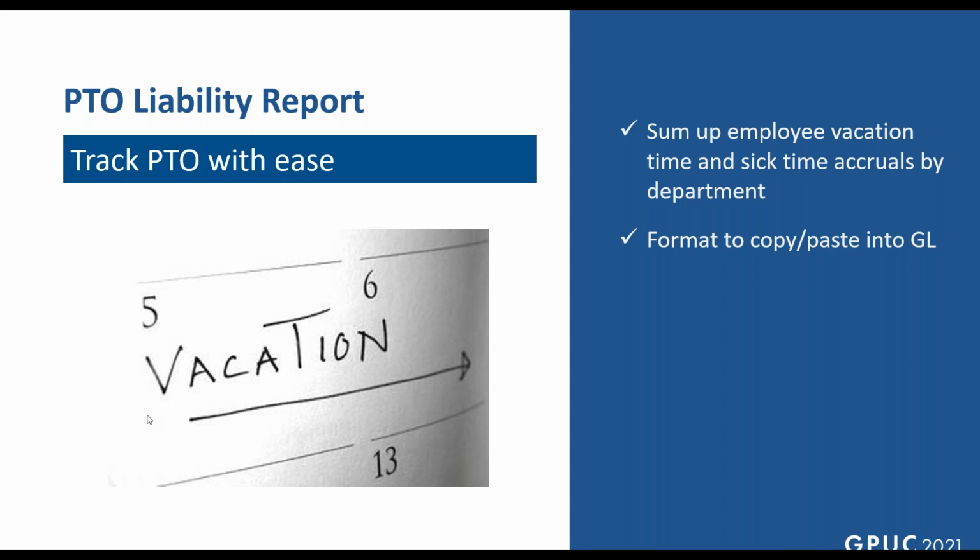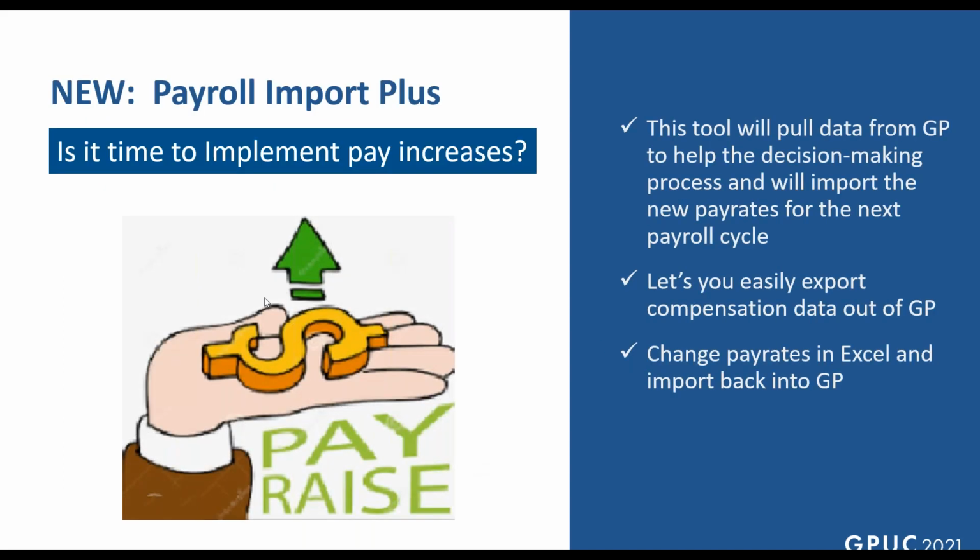You can see it all in Excel, and then you can copy and paste that into GL to do the accrual entries that you need to do. We'll spend the bulk of our time on the 1095 and the PTO liability report, but we'll talk a little about two new payroll tools we have.